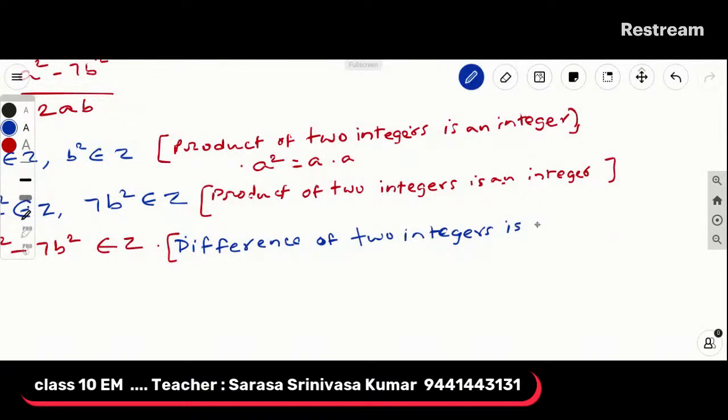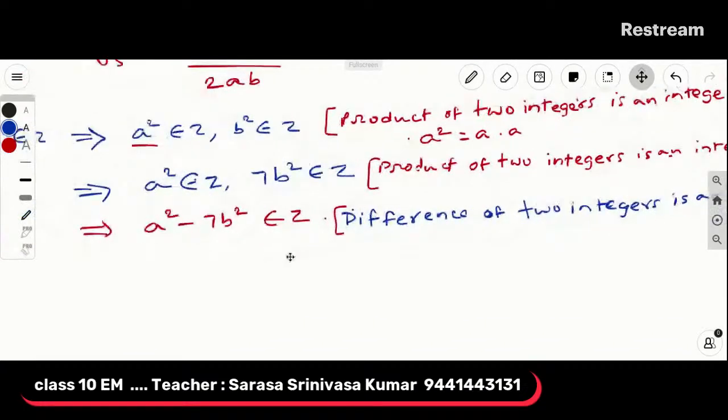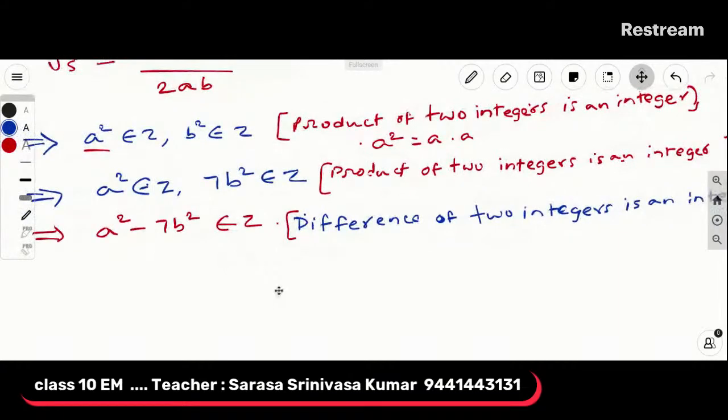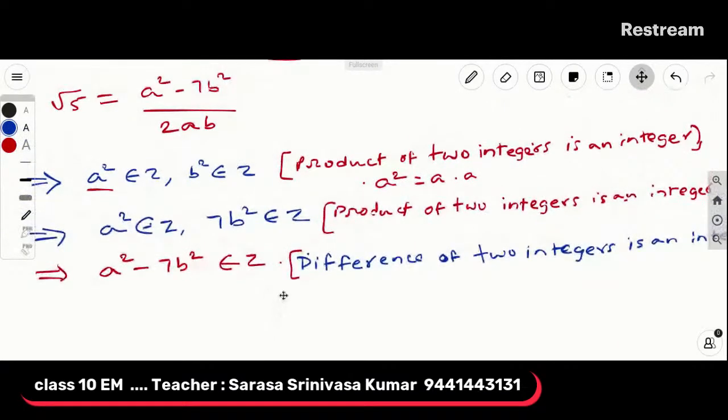So these steps are written. So the numerator part in this problem, a square minus 7b square, the numerator of the right hand side, is an integer. We have proved this.